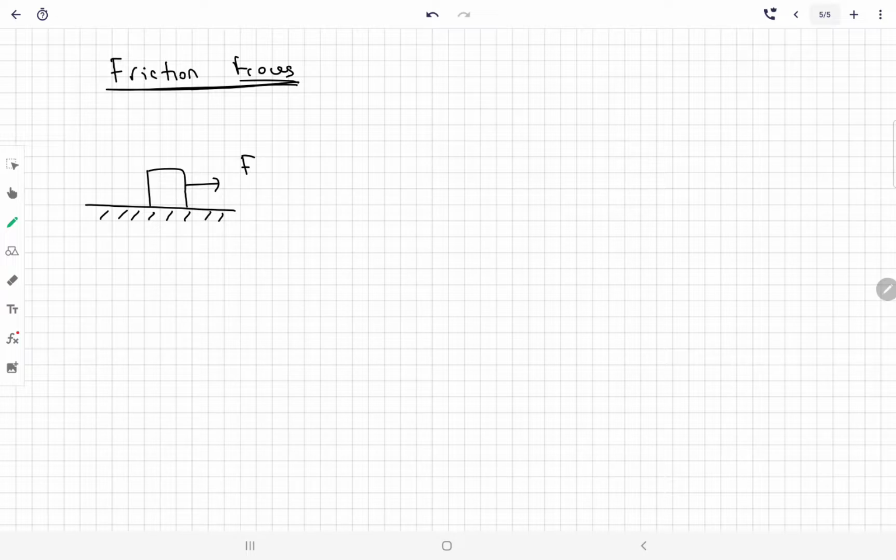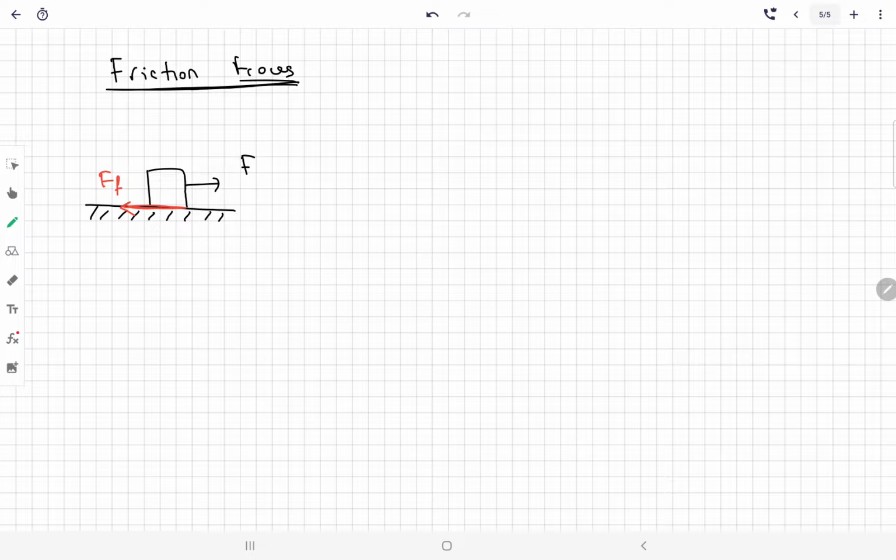You need to increase the force, and only when the force that you applied reaches some certain value does it start to move. So why? The reason is friction force. There is contact between this box and the surface. It means there is a friction force between these two objects. And of course the direction will be to the left in this case, because it tries to stop the object.